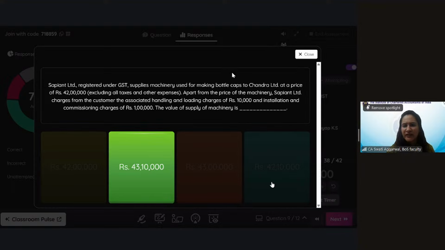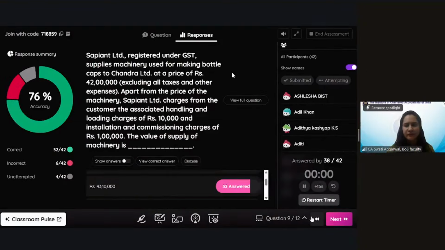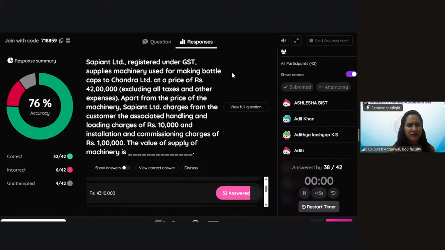So shall we move to the next question? I'm happy to see that 32 students have given the correct answer in this case. Navneet saying yes.